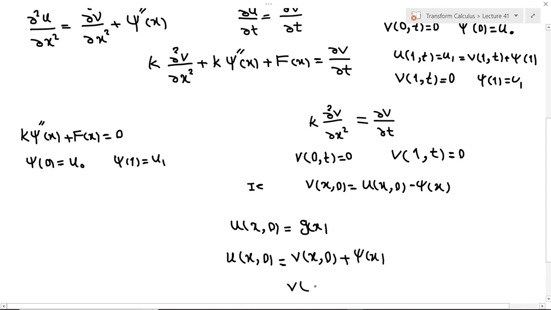As a result, v of x and 0 is equal to u of x and 0 minus psi x, that we can see here, and it's equal to g x minus psi x. So now we solve these two equations and we can end up with the solution of our problem.